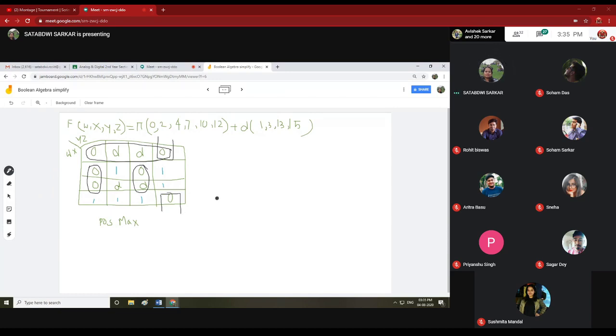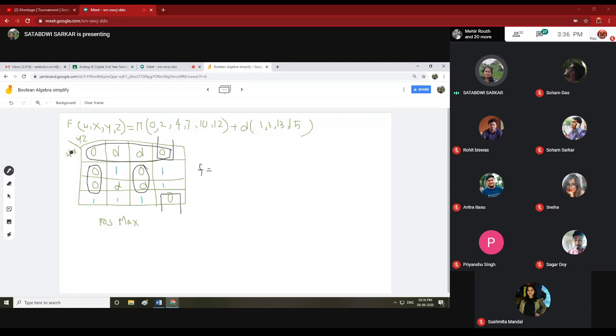Now what will be the expression for this POS minimization or simplification? We can write f equals to, for these 4 terms, what will be the expression?